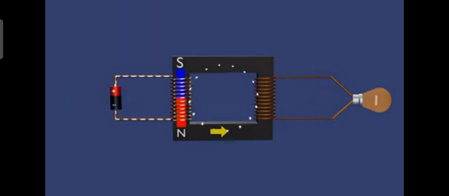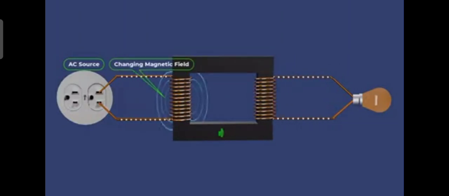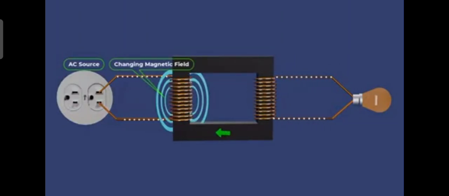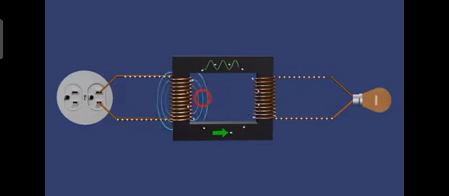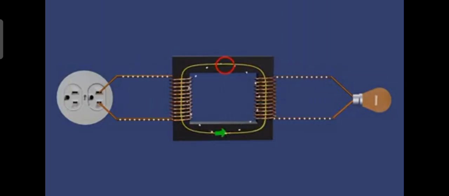However, when the primary winding is connected to an AC source, the varying current creates a varying magnetic flux in the transformer core. The magnetic field has the same frequency as the input current and continuously changes direction and magnitude, expanding and collapsing around the iron core.